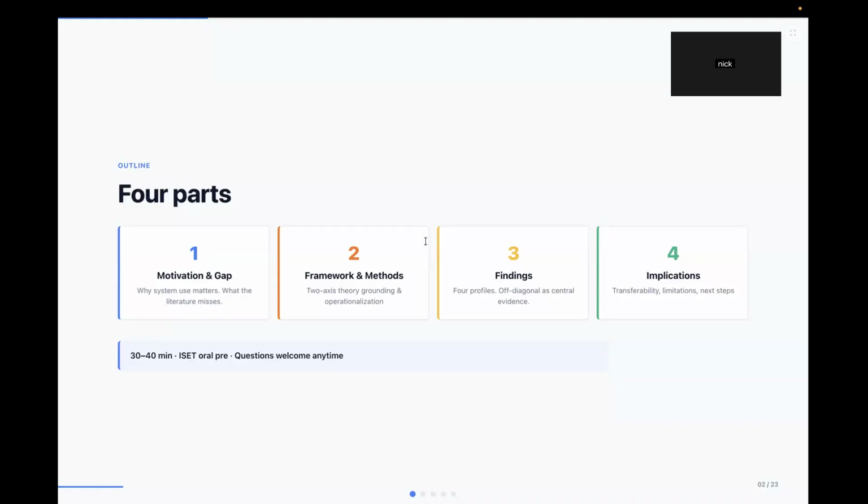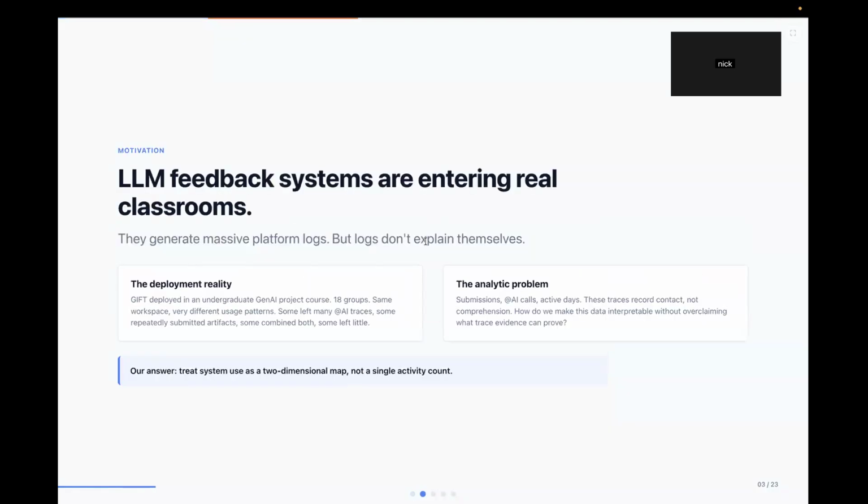The third will be findings, and last but not least will be implications, including the conclusion, the limitations, and future work. First of all, LLM feedback systems are entering real classrooms instead of staying in the laboratory. The latest works have been pushing these systems into classrooms.